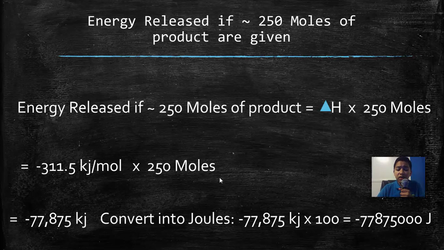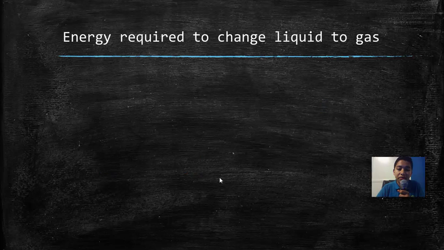To convert that into joules, simply joules and not kilojoules, we can multiply negative 77,875 kilojoules times 1,000 to get simply joules. And when we do that, we get negative 77,875,000 joules. As you can see here, the units cancel out.